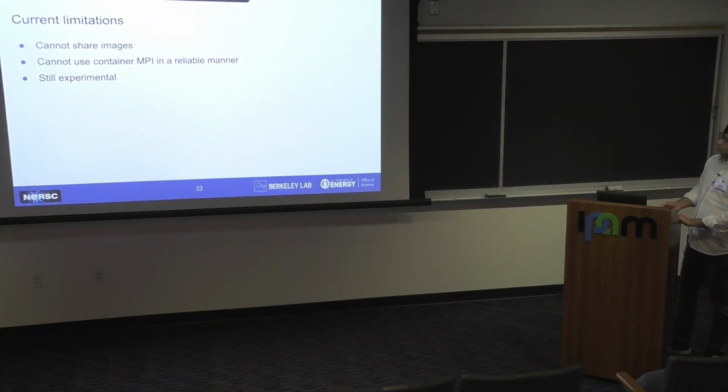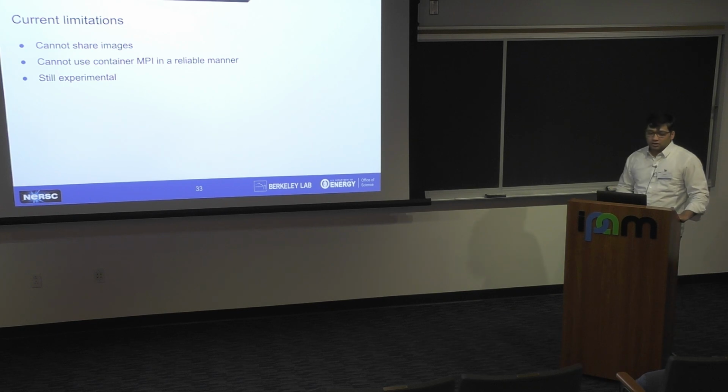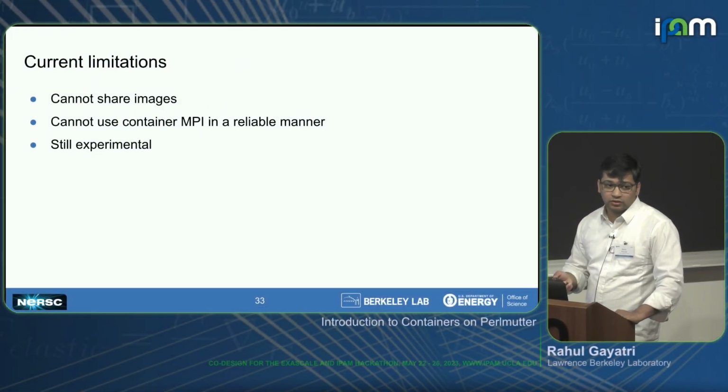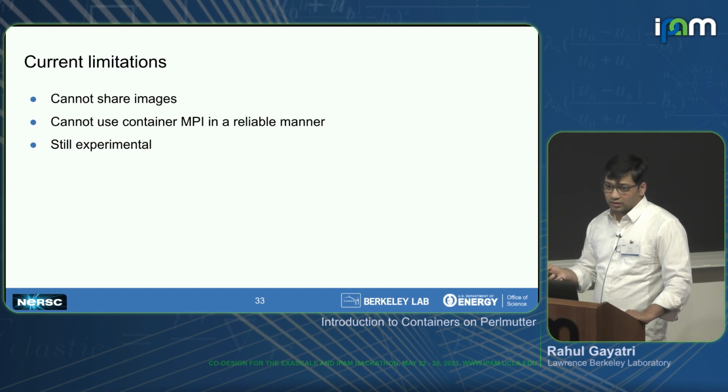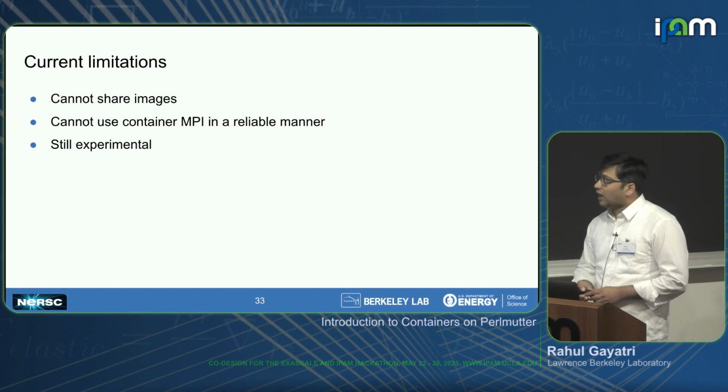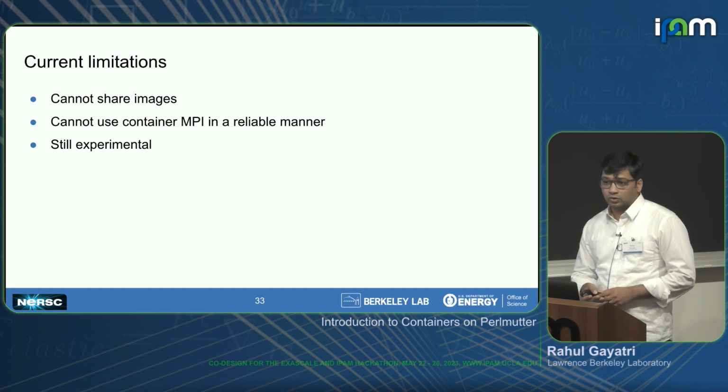Anyway, the current limitations of using Podman: if I build the LAMMPS image, let's say, I cannot give it to somebody else. I can give you the Dockerfile and you can rerun it and build your own image. Because we know the exact hardware and software, there is a very high guarantee that nothing will go wrong.